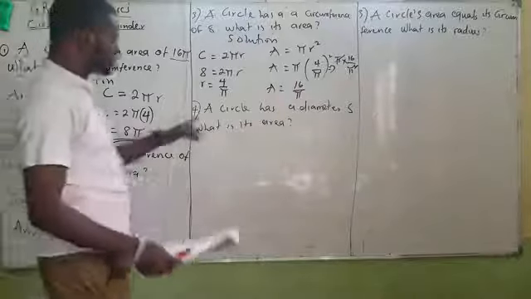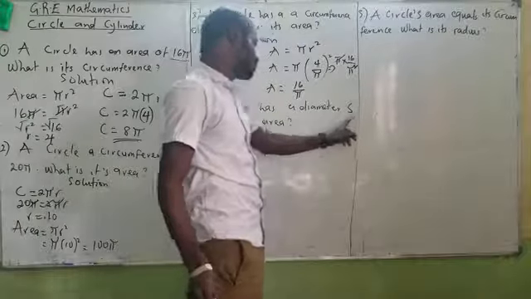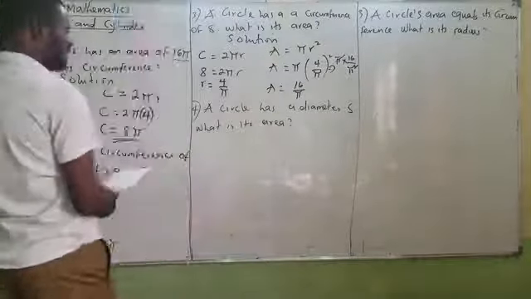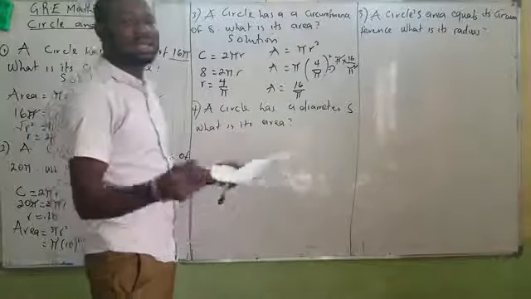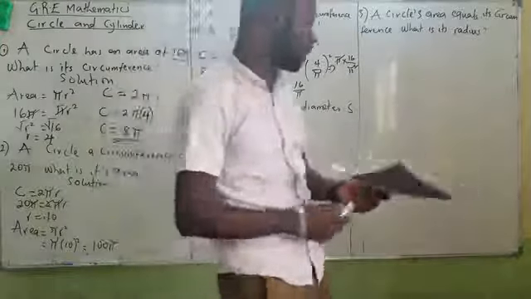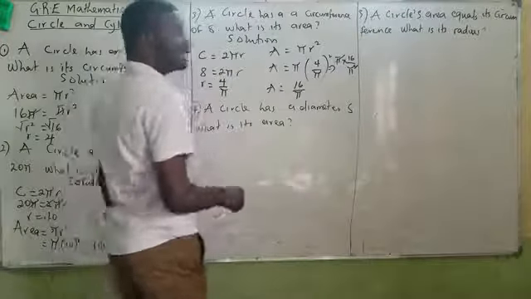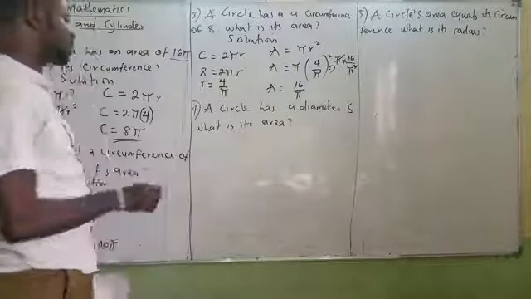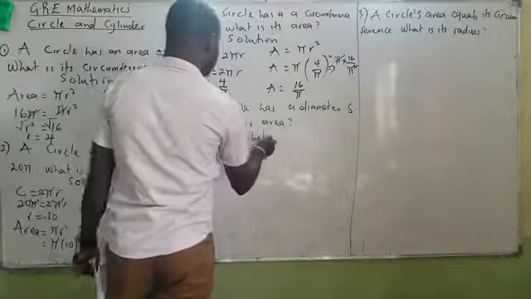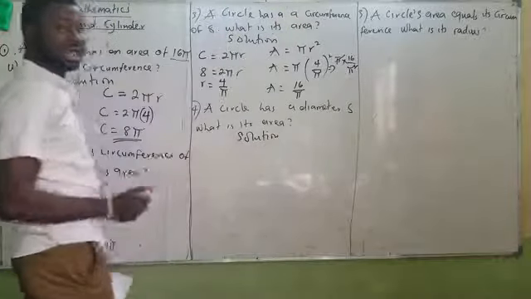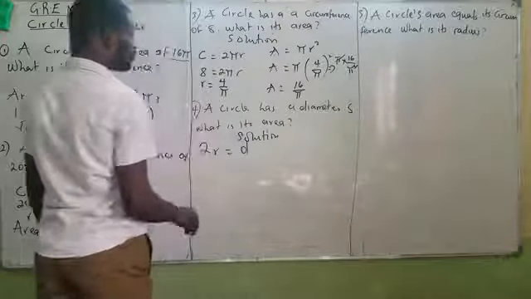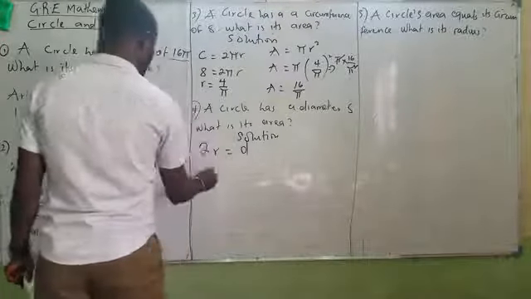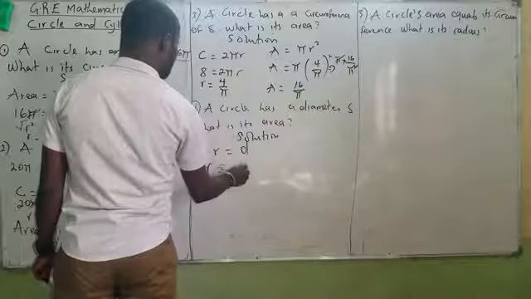Now, the next one. A circle has a diameter of 5. What is the area? What is the diameter? A diameter is a line that divides a circle into 2 equal parts. Now, don't forget that I need the radius, not the diameter. And 2 radii equal 1 diameter. It means r equals diameter over 2.